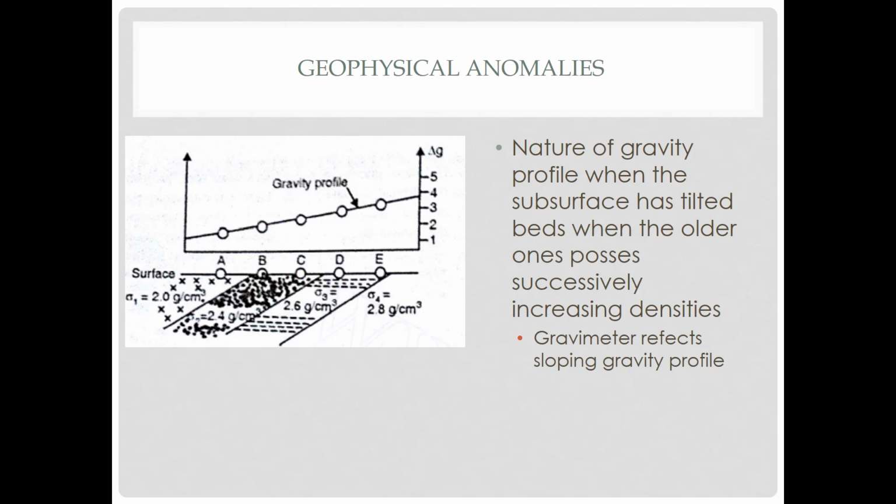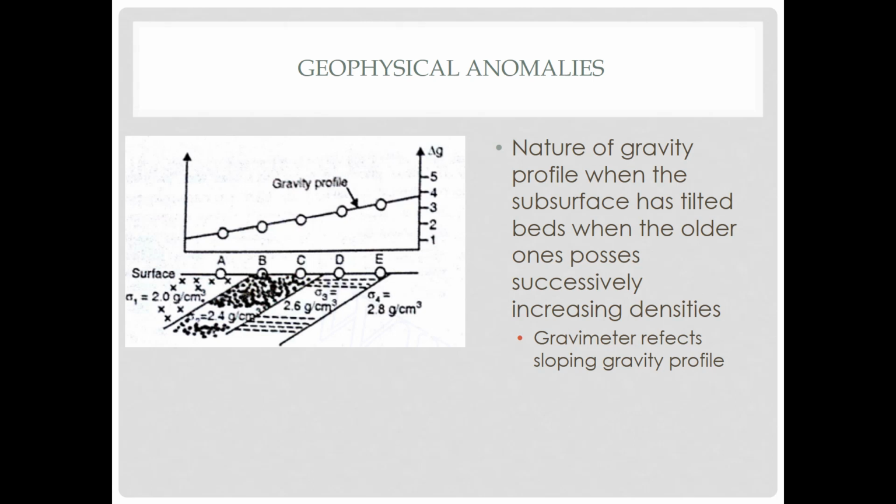And then we have here the last geophysical anomaly. The gravity profile here is observed to be sloping. So this is where the nature of the gravity profile is when the subsurface has tilted beds, when the older ones possess successively increasing densities.